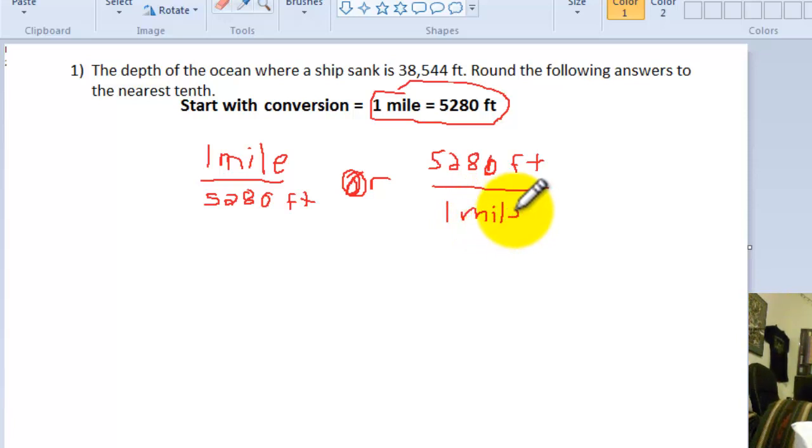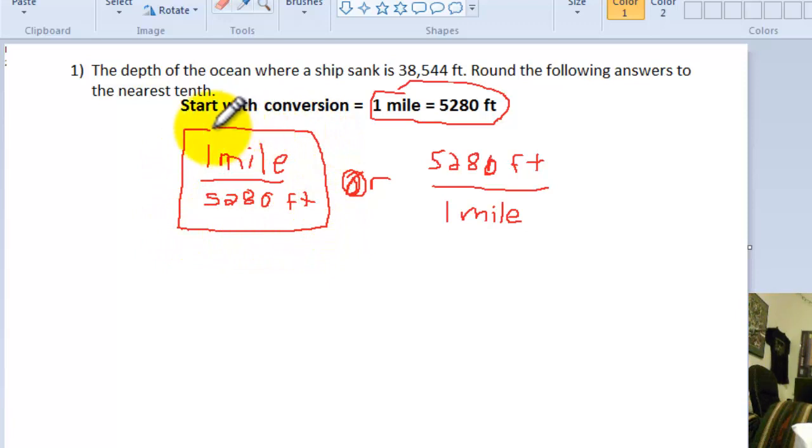So this is a method, and if you're going on to chemistry, that is used extensively in science. But it's not hard, so I really want to stress that you can learn it and understand it. So these are just two fractions that can be created out of this measurement.